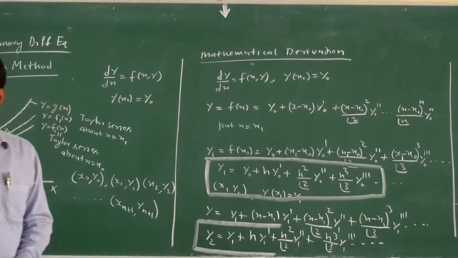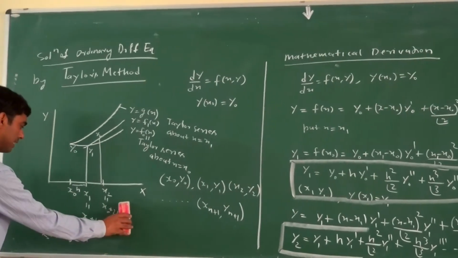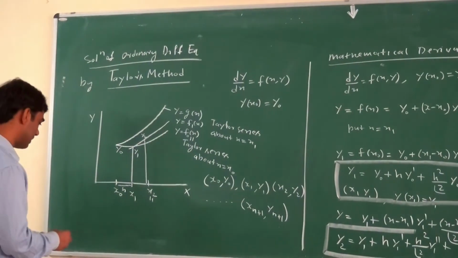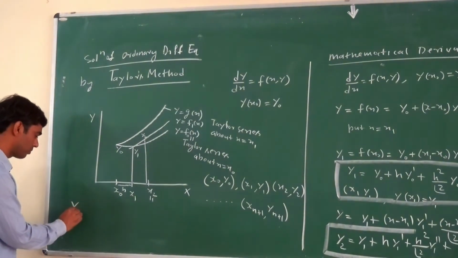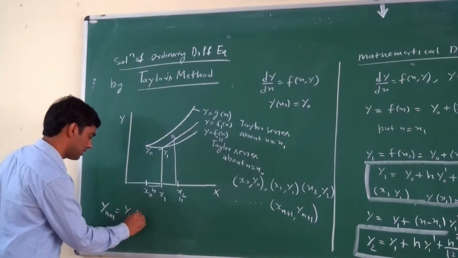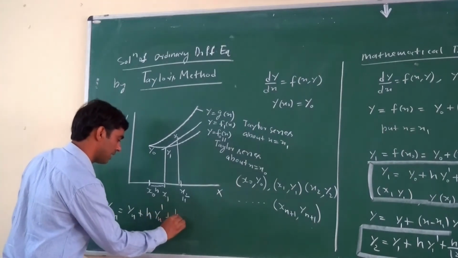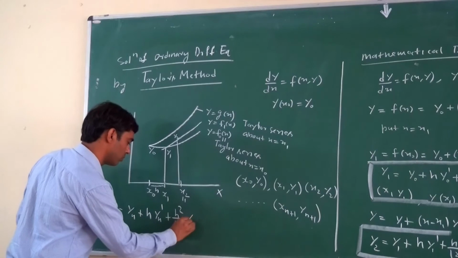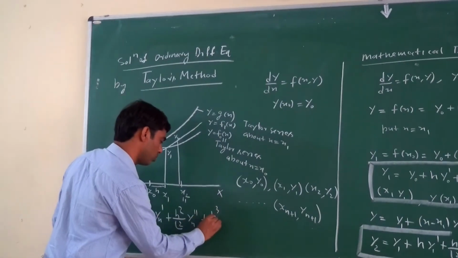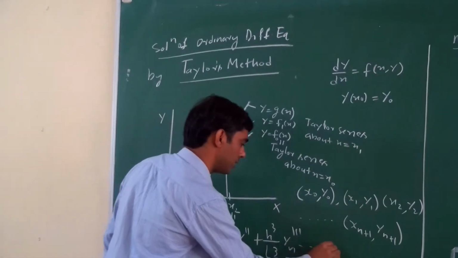So in a similar manner, what is the iterative scheme to find y(n+1)? The iterative scheme becomes y(n+1) equals yn plus h yn dash plus h square upon factorial 2 yn double dash plus h cube upon factorial 3 yn triple dash, and so on.